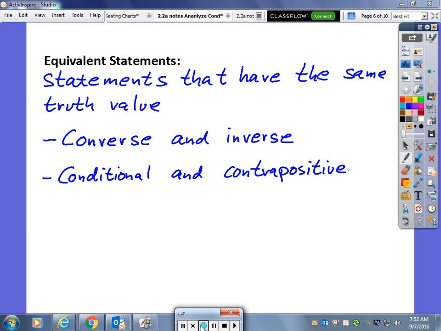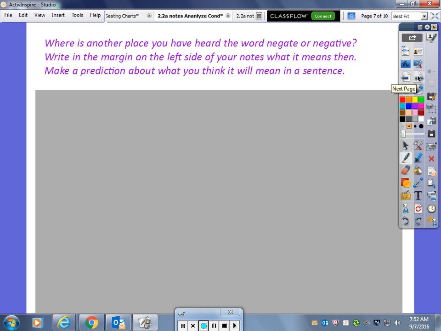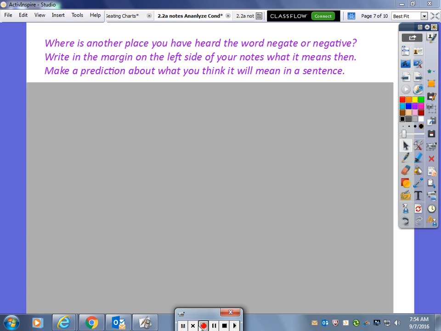All right, so now let's try and find out what the inverse and the contrapositive actually are. First, I want you to think about the words negate, negative, or negation. And I want you to take the margin on the left side of your notes and write down what that means to you.